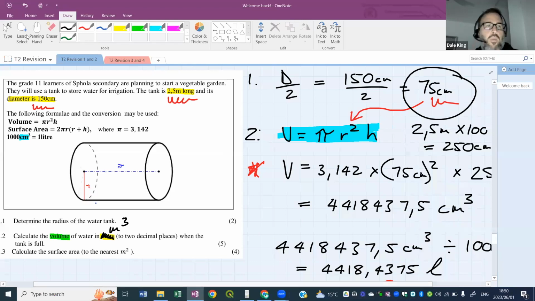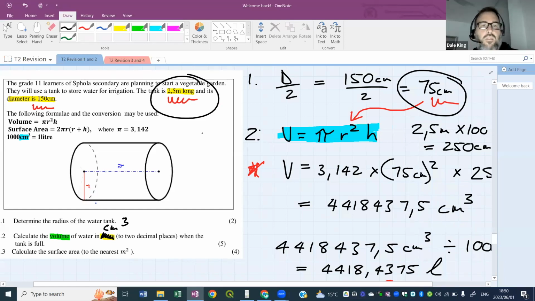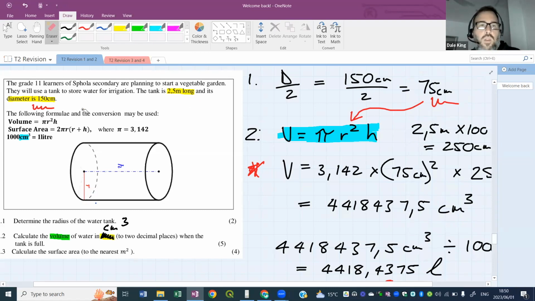But they also could have said, we want the volume in centimeters cubed. Well, what do I have? I've got one dimension in centimeters. I'm good there. But the other one is in meters. I've got to change that one into centimeters. You'd have to do that first before putting it into the formula, because you want all the same units in the formula. So that's very important. Have the same units in the formula.